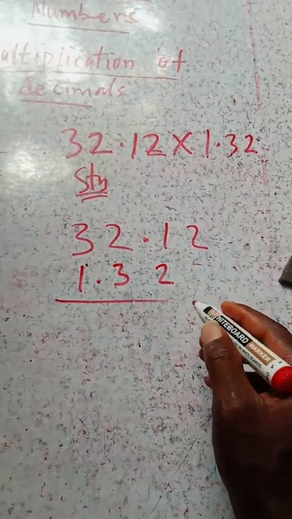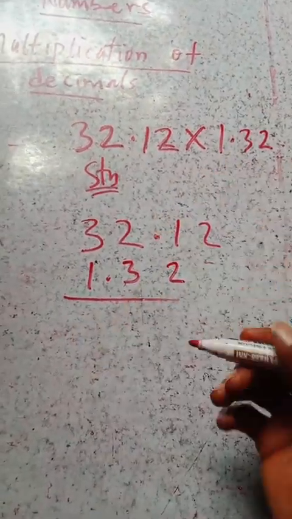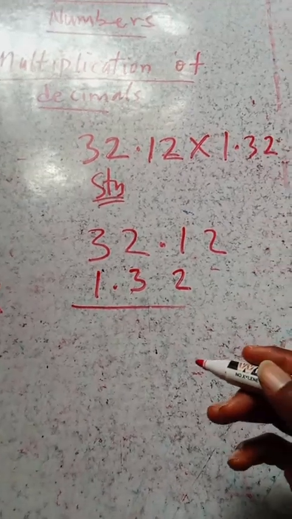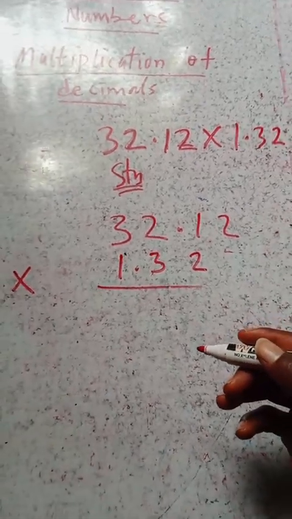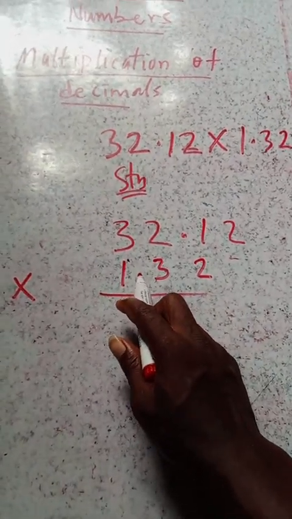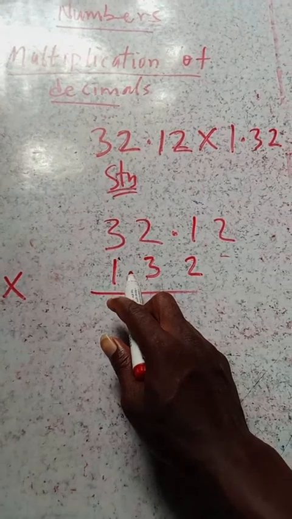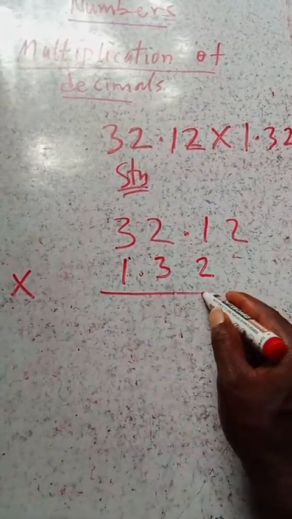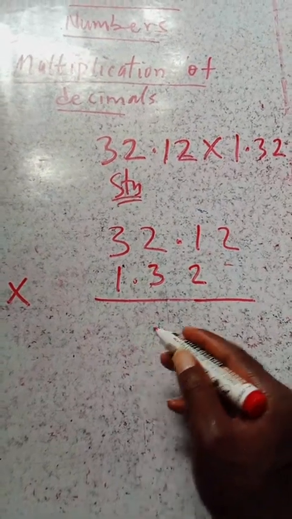But the number should be under another number. That is the essence. Don't regard the decimal point for now. If it is like this, you do your normal multiplication.